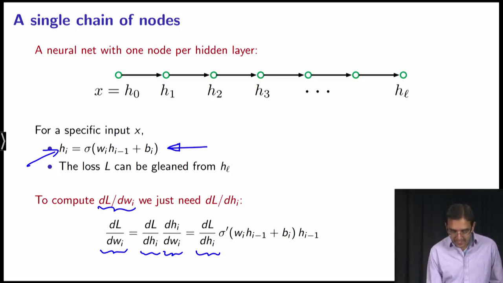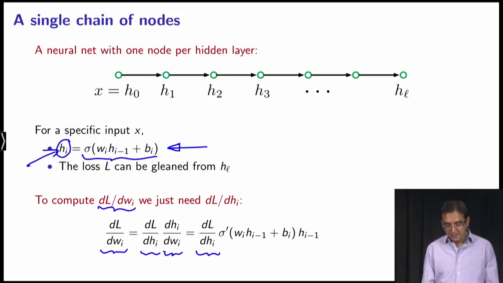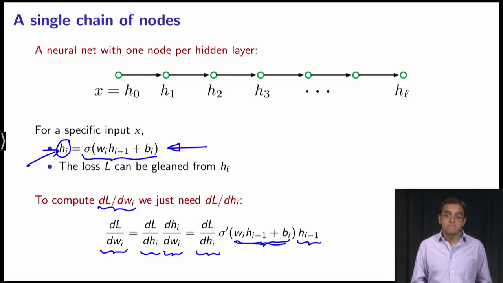Okay? And to compute the derivative of Hi with respect to W sub i, well, that's fairly simple. It's just the derivative of sigma at that specific point, Wi Hi plus Bi, times the derivative of this inside stuff with respect to Wi, which is Hi minus 1. Okay?